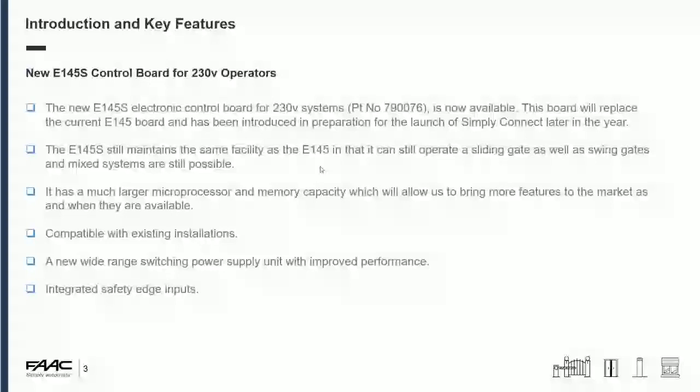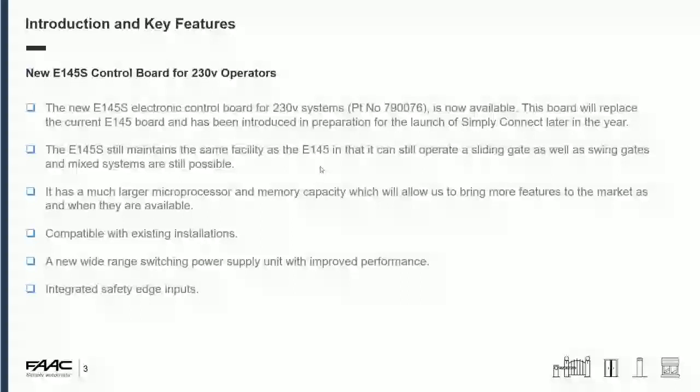It has a much larger microprocessor and memory capacity, which will allow us to bring more features to the market as and when they are available, and is still cross-compatible with existing installations. It also has a newer wide range switching power supply, and one of the most important changes on the control board, the integrated safety edge inputs.